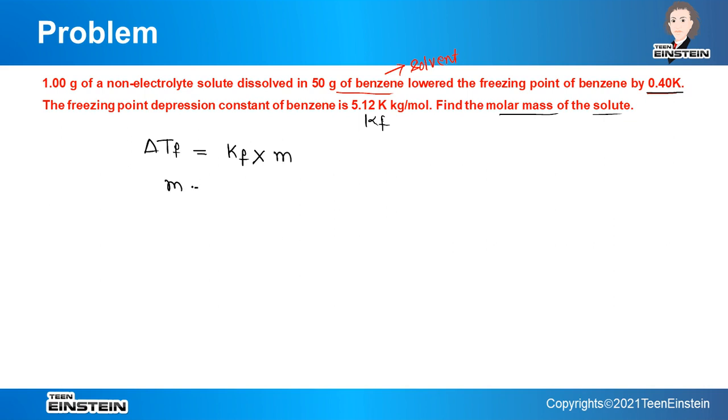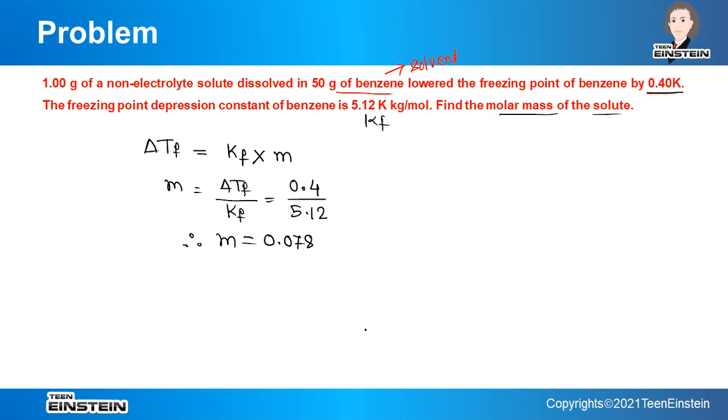So m will be equal to del Tf divided by Kf, where del Tf is 0.4 and the Kf value is 5.12. From this we can get the molality, which is 0.078. So this is the value of m.